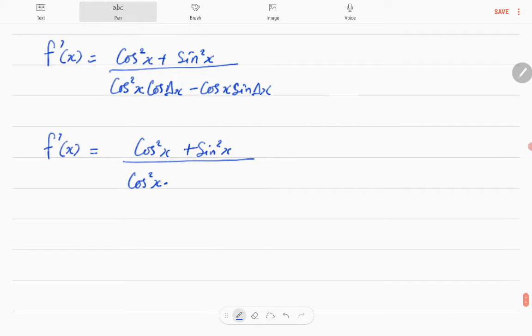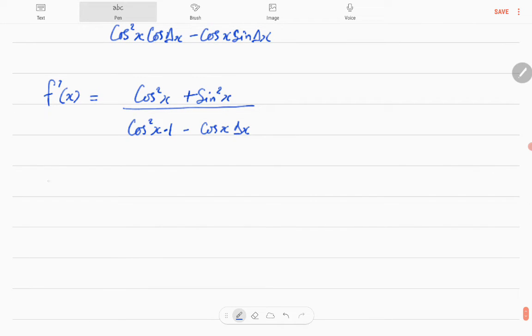So here we'll have cos square x multiplied by 1 minus cos x dx.